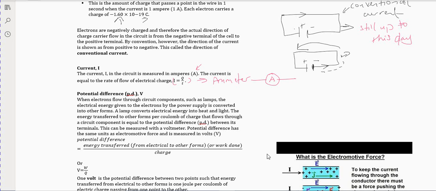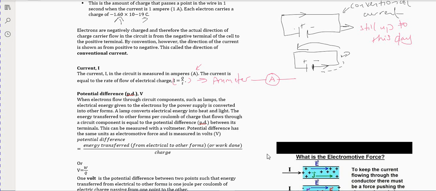So we see the two other forms of energy that have been converted. Now, in order for that to happen, there is some amount of work that needs to be done in order for the electrical energy to be converted into heat energy or light energy. Let's see what this is saying.